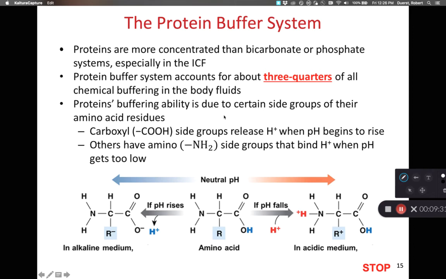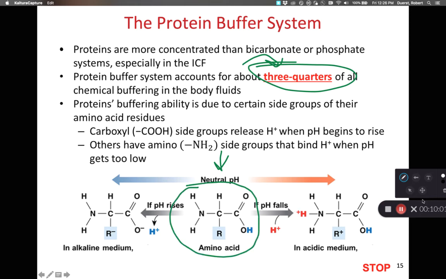Any protein in our body is going to have amino acids in it, and each individual amino acid is a buffer. Because we have tons and tons of proteins made of tons and tons of buffering monomers, the protein buffering system accounts for the vast majority of all chemical buffering in all of our body fluids, whether it's intracellular or extracellular fluid.